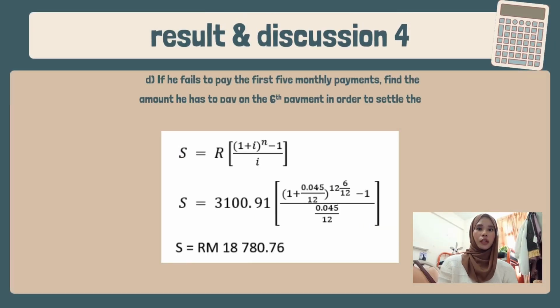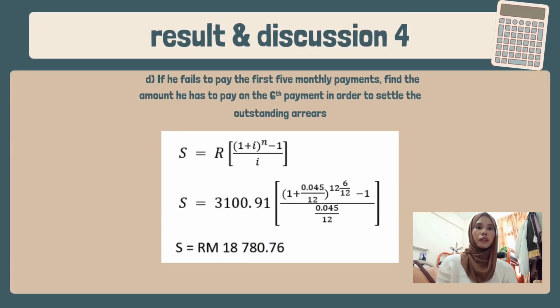The last for question 4 is D. If he failed to pay the first 5 monthly payments, find the amount he has to pay on the 6th payment in order to settle the outstanding arrears. So for question D, we need to use the future value formula. The future value formula is S equals R open square bracket 1 plus small letter i close bracket power of n minus 1 per small letter i close bracket. So we need to find S, the future value.